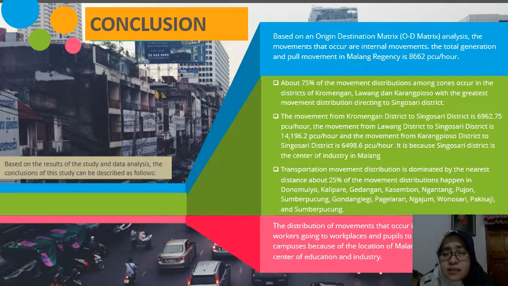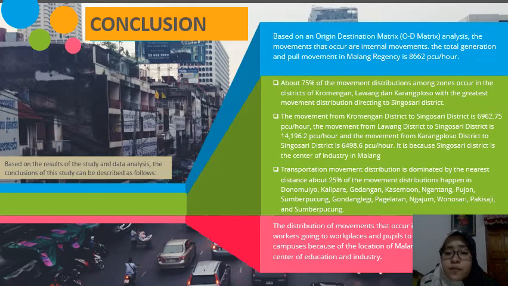The total generation and pull movement in Malang Regency is 8,662 PCU per hour. About 75% of the movement distribution among zones occurs in the districts of Kromengan, Lawang, and Karangploso, with the greatest movement distribution directed to Singosari district.